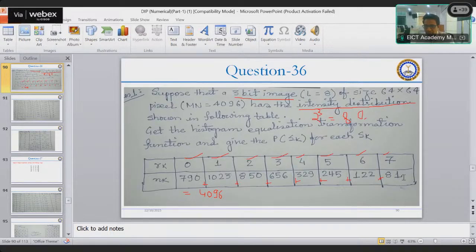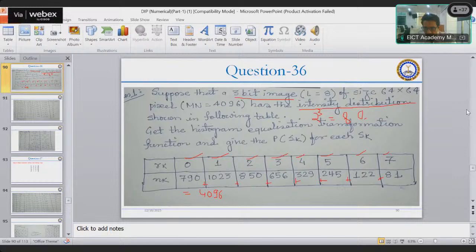Pravesh, are you here? He is also saying yes. Okay. We can apply it, but the result will be the same. Very good. Absolutely.